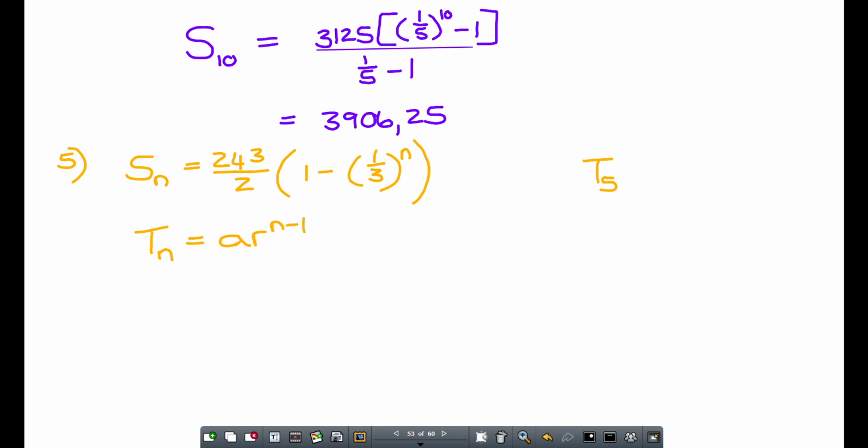Nee, dit wat ons nodig het. Okay, so term 5 would then be the a value, as ons nou gou-gou hier gaan terugskryf. Onthou die som van n.